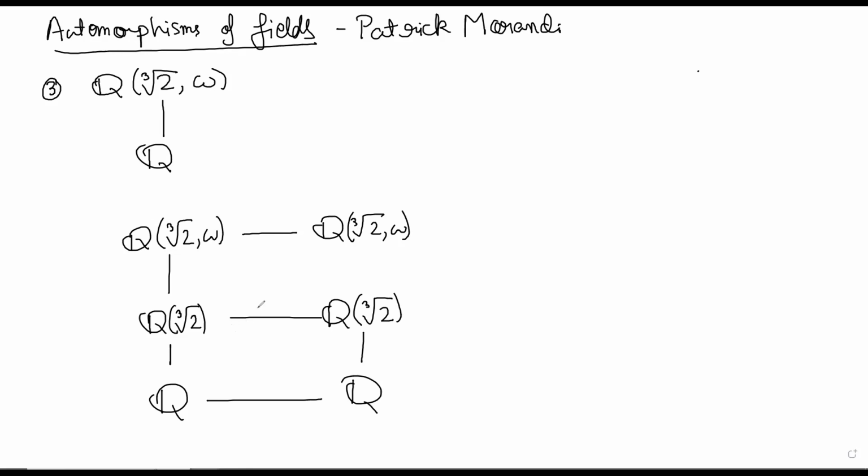Here I should write that this is identity, and we are trying to extend this function, right? So there is a function till here.